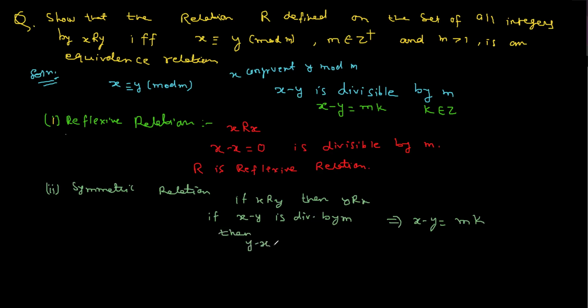Then y minus x can also be written as, taking minus common, minus of (x minus y), so minus m k. So y minus x can be written as m times (minus k), where k is any integer. So you can say y minus x is also divisible by m, because y minus x comes in factor of m.